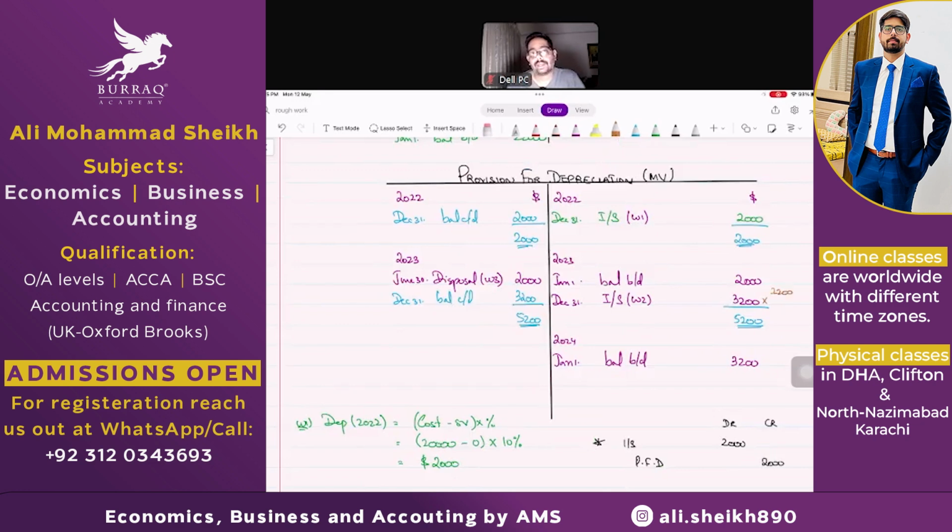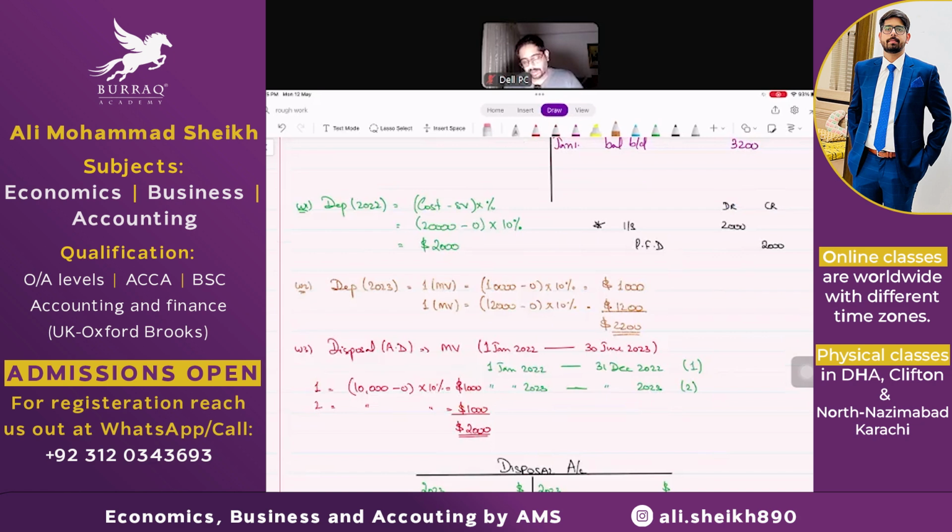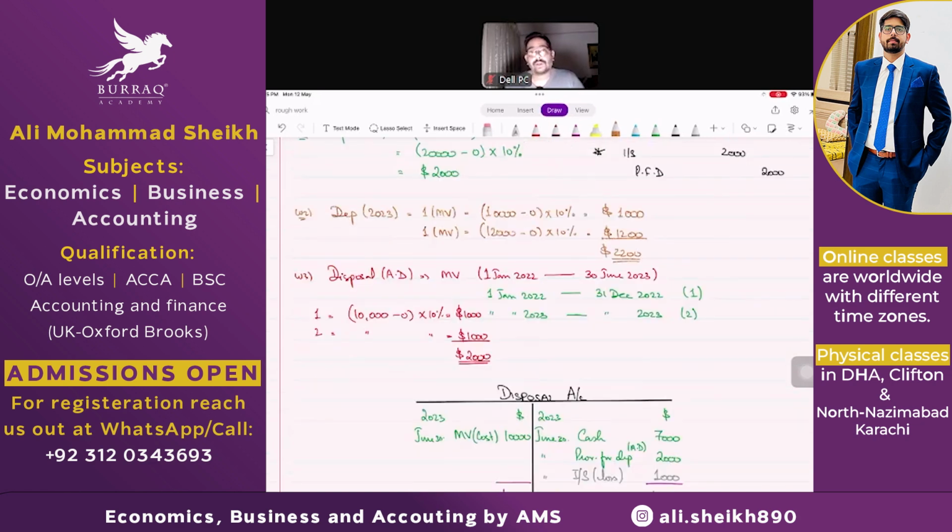And there would be another change, that is provision for doubtful debt of disposal, that is accumulated depreciation, working number 3. In working number 3 we had discussed 2-year depreciation according to previous policy. Now if the policy says there is no depreciation charge in year of disposal, then you are not going to charge depreciation for the next year, that is 2023.